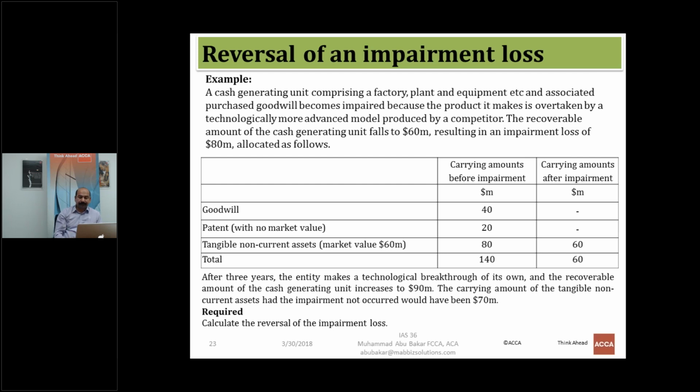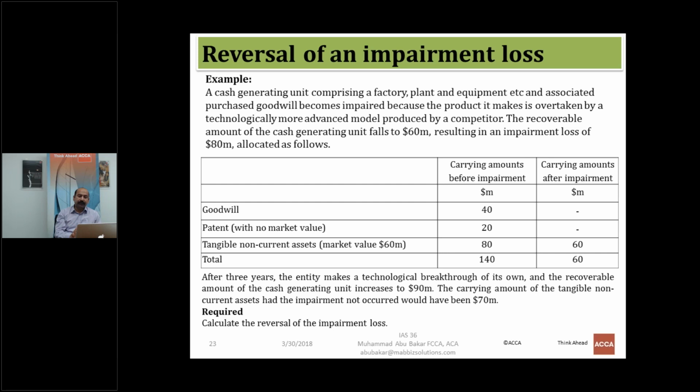Example is a cash generating unit. Again, be ready. I want you people to solve this small example. But anyway, I'll be reading it for you, so be careful.